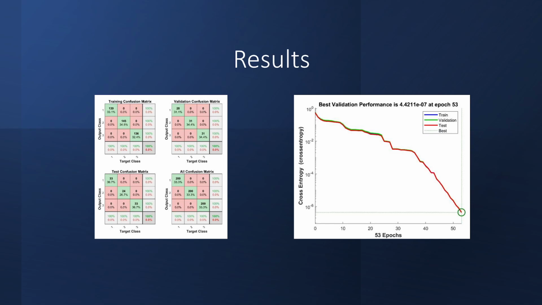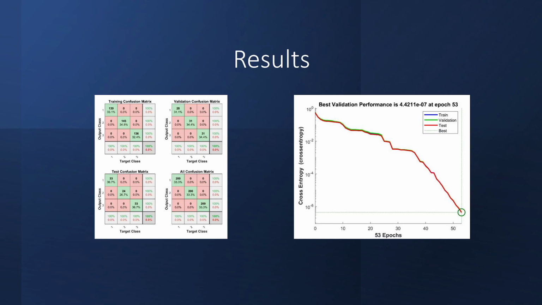The neural network learned well. As you can see here, using the cross entropy performance function, the performance is approximately 4.42 times 10 to the power of -7. So it's quite good. And once we've done that, we tested the results using the confusion matrix to determine whether the results were good.